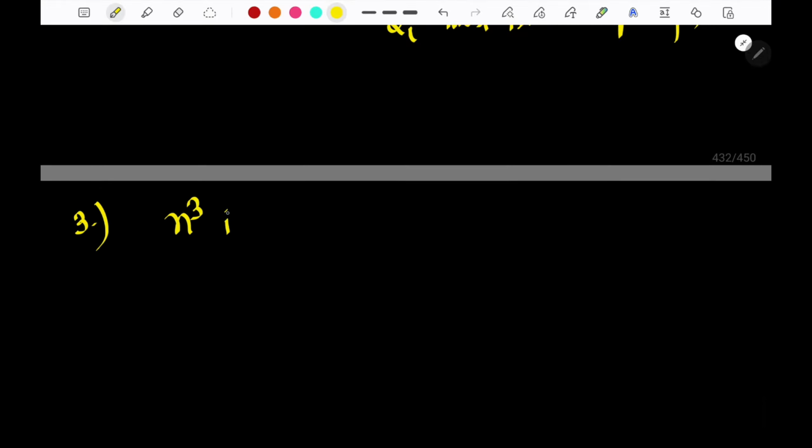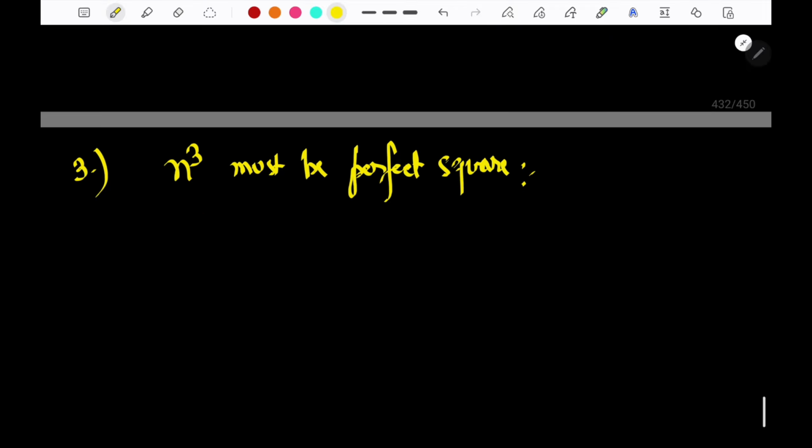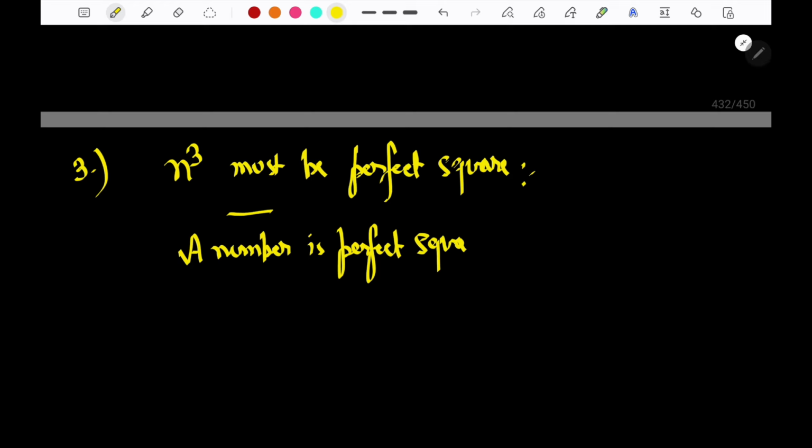So they say n cube must be a perfect square. Now how do we do it? When is a number a perfect square?